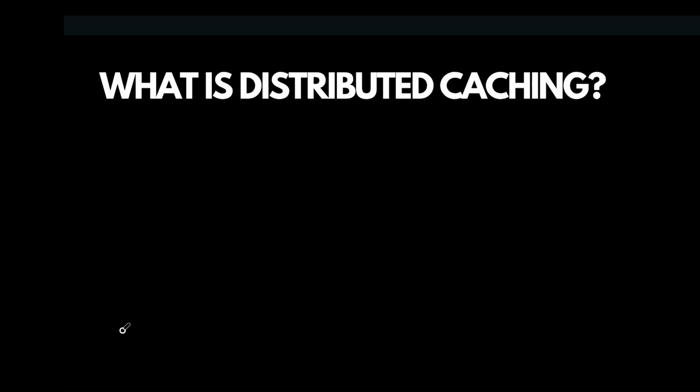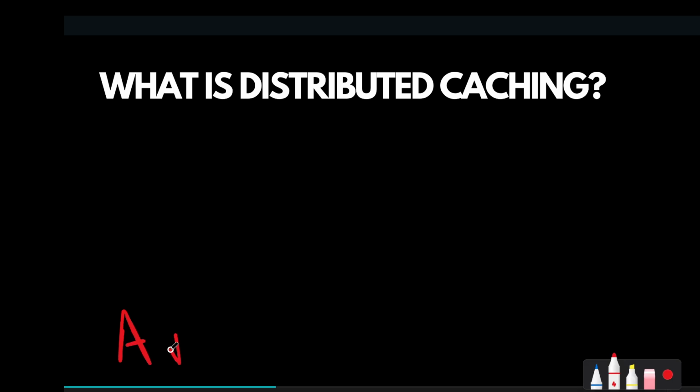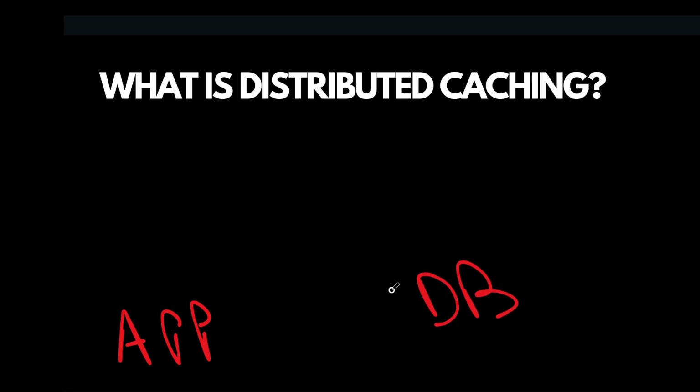So basically, it's a pretty simple architecture. We have our apps, let's say different services with a lot of different instances, and we have our main database. And here we have a cache cluster, a distributed cache. We don't have only one cache node; we have cache 1, cache 2, cache 3.